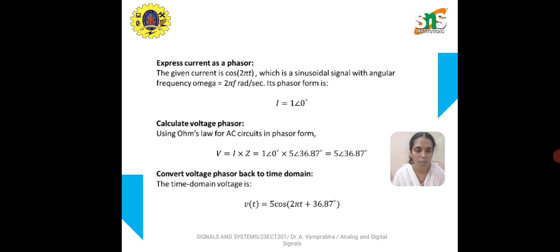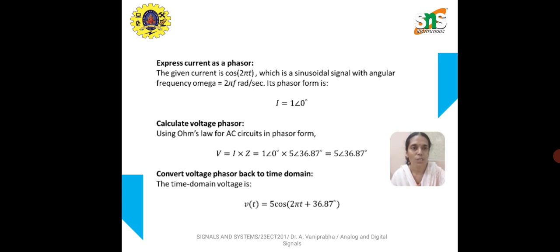Therefore, the final voltage around the closed loop is equal to 5 cos of 2 pi t plus 36.87 degrees. Right. So this is how we determine the voltage around a closed loop if the circuit is formed with the impedance element.